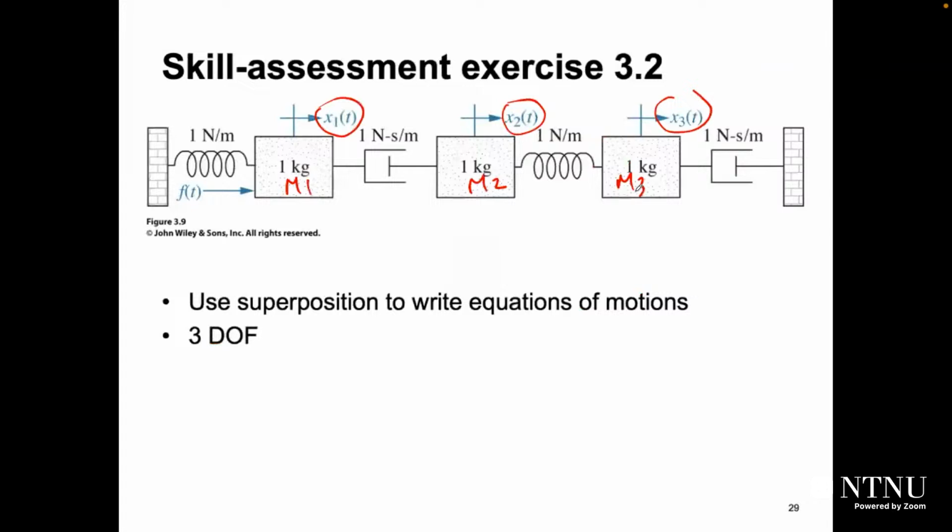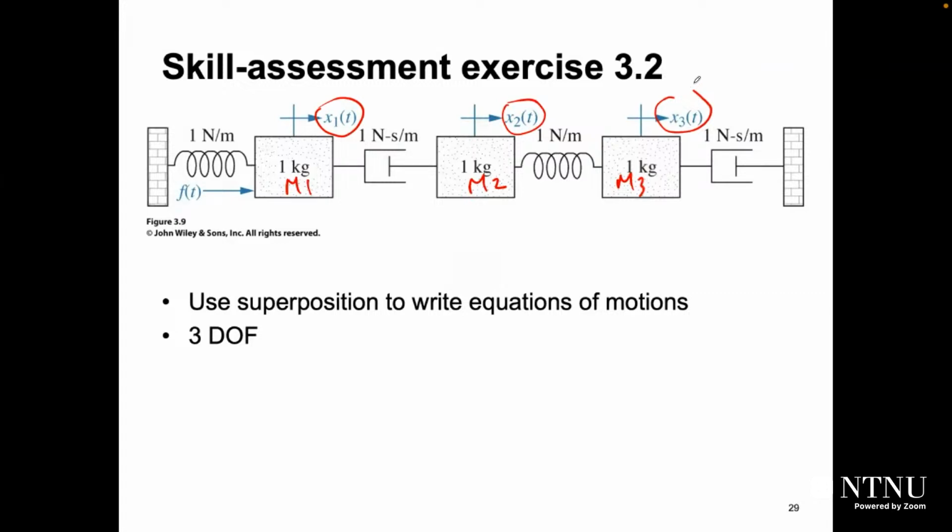The idea here: if you want to control x3, how much force should we apply on M1? This is the idea of a control system. We need to build a model, a state space representation of your system. After that, we will design a controller which will calculate how much force we need to apply on M1, for example, to control the displacement of M3, which is x3, or the speed of M3, which is v3.